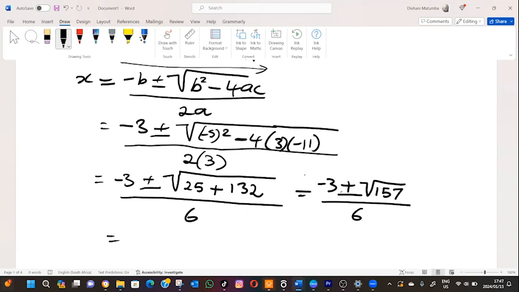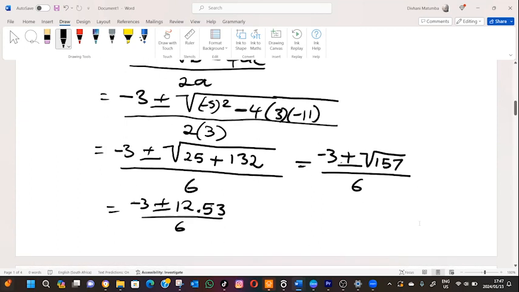So this will be 5 plus or minus 12.53 divided by 6.